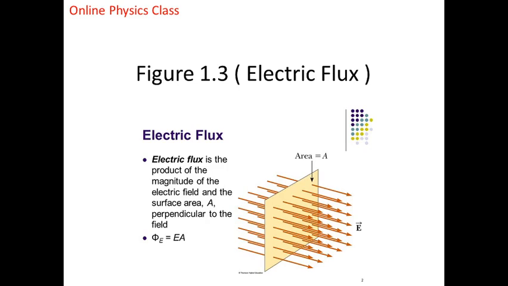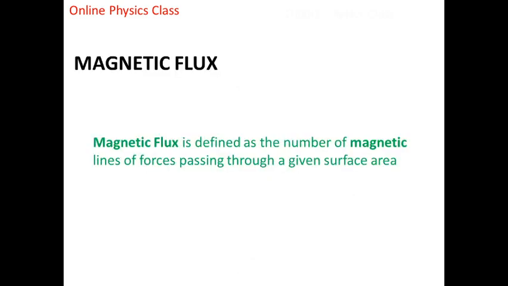You can see that the area is there and all the lines of force are passing through that area, and electric flux can be mathematically shown as phi E equals E into A. Electric flux is the product of the magnitude of the electric field and the surface area perpendicular to that field. Phi E equals E into A, as shown in this figure.